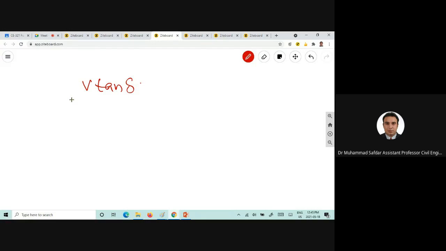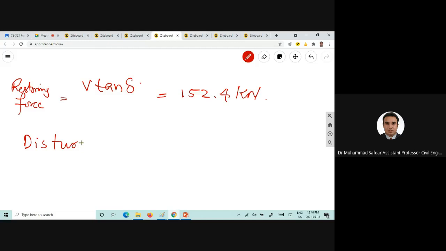It's the kind of restoring force. 152.46. 152.4 kilonewton, and the disturbing force is, what should be the disturbing force value? 125.81.